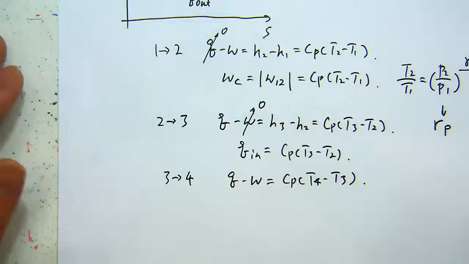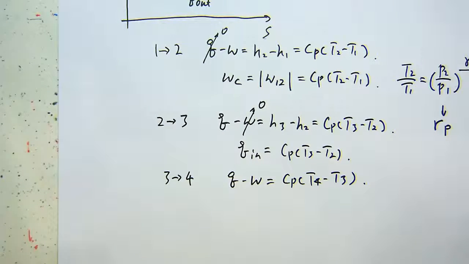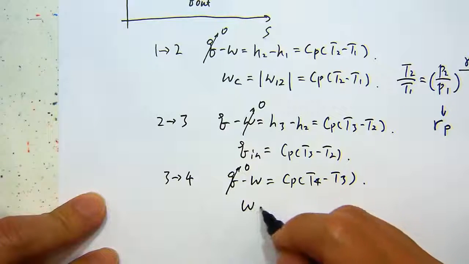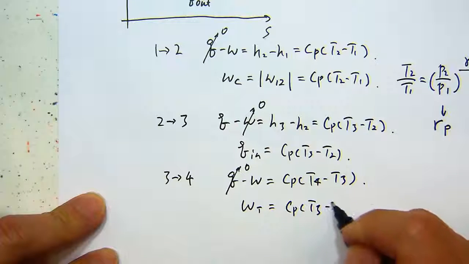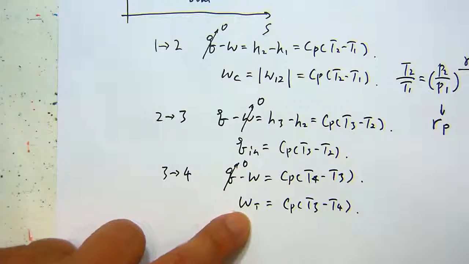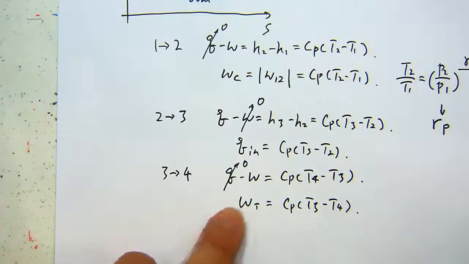Again, the turbine is considered an isentropic device, an ideal process, and so the Q goes to 0 again. Then we have the turbine work equals Cp (T3 minus T4). Positive value, since T3 is higher than T4. So we're dealing with a positive value of the turbine work.